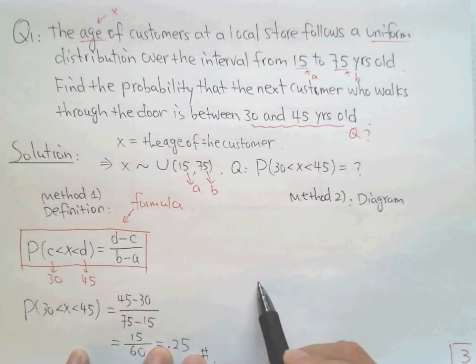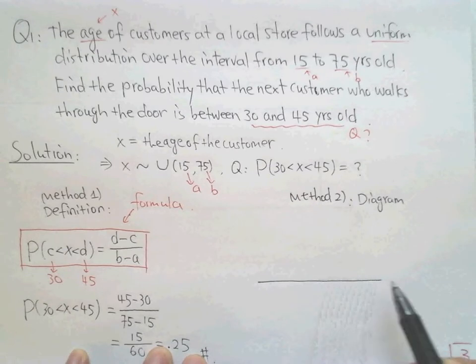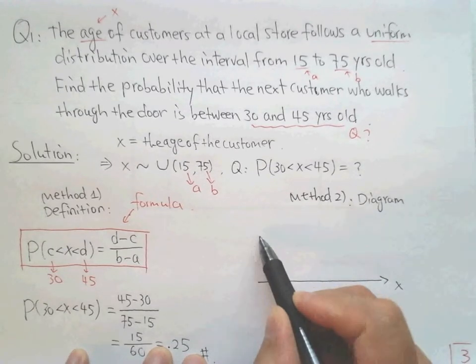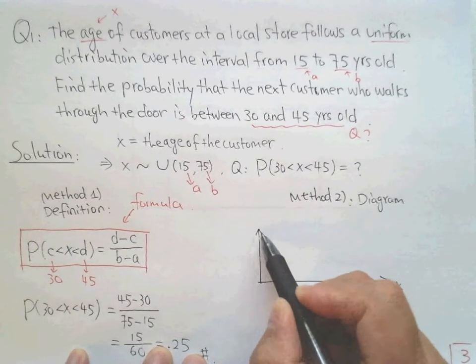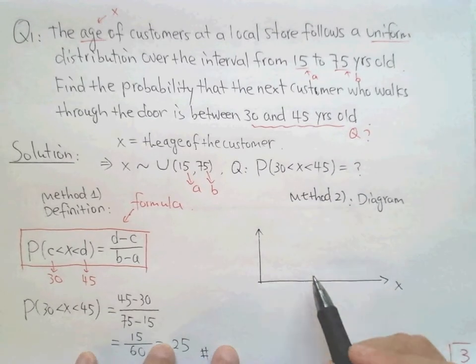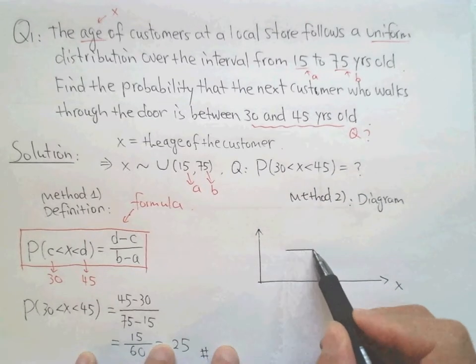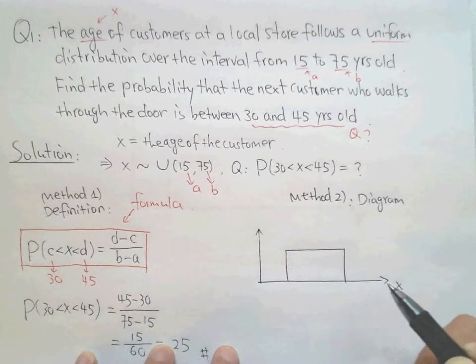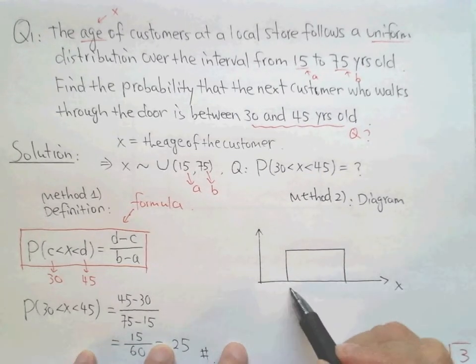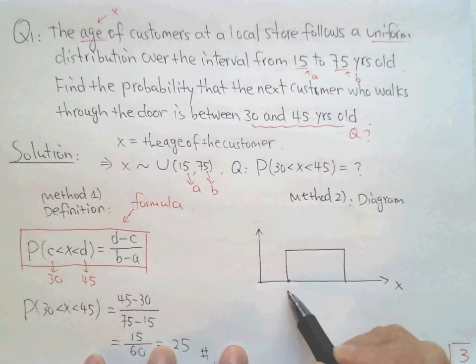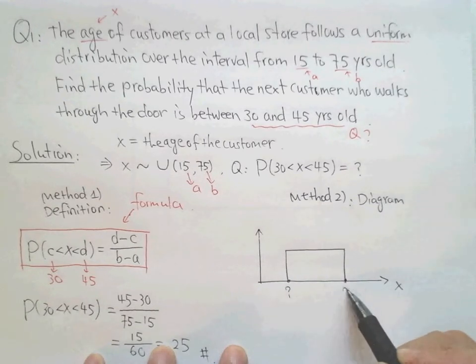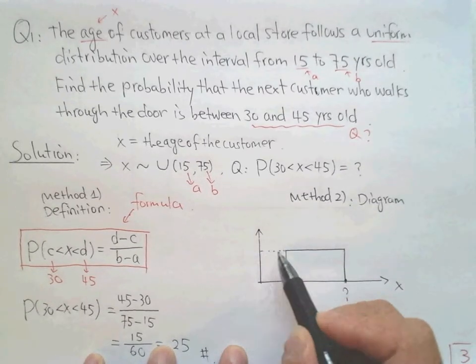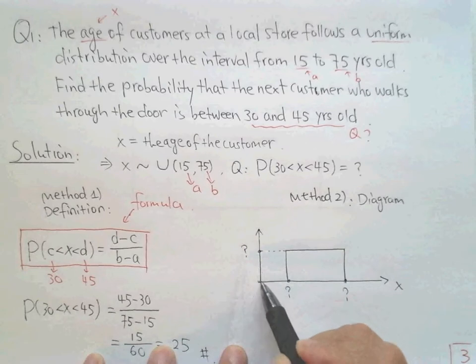So I draw a graph here. First I need to draw, right? If this is X, this is f(x). Okay, I will draw like this. Can you see? This is A. What is the number here? What is the height?